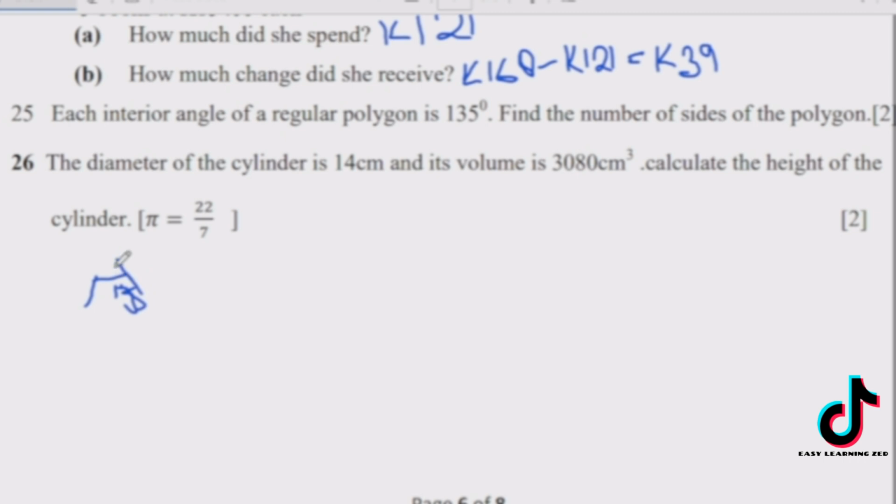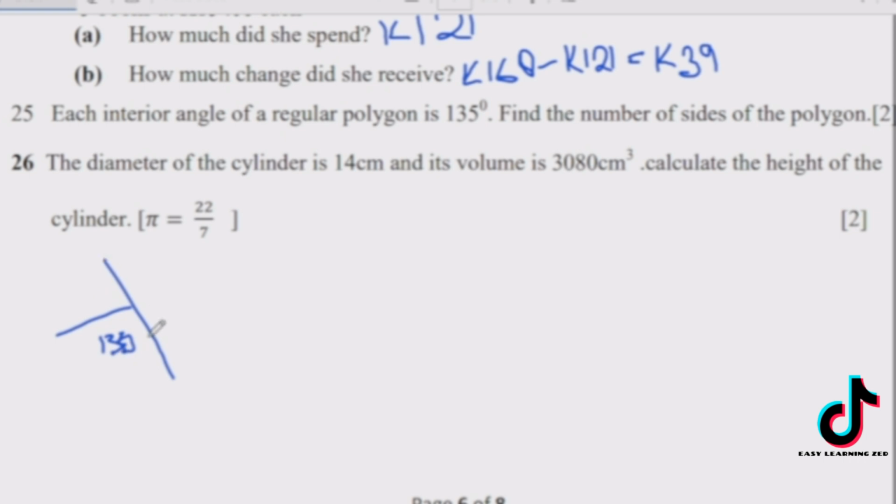Then what will be the value of this? We know that angles on a straight line add up to 180 degrees. So let me make it bigger so that you can understand fully. This is one corner of the polygon. Now this is 135 degrees, and then what will be the value of this?